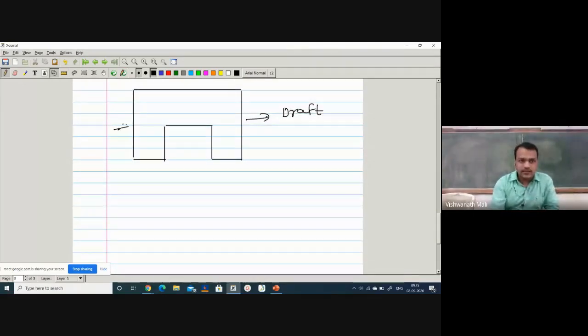These are the external surfaces, and these are the internal surfaces. Now how to give the draft to the external and how to give the draft to the internal is here. When there is an external surface, we need to provide the draft angle like this, and when there is an internal surface, we need to provide the draft like this.